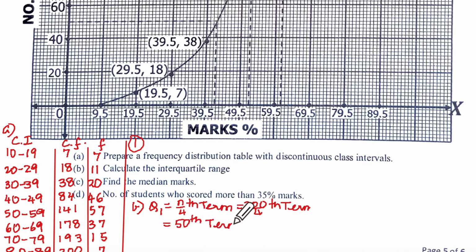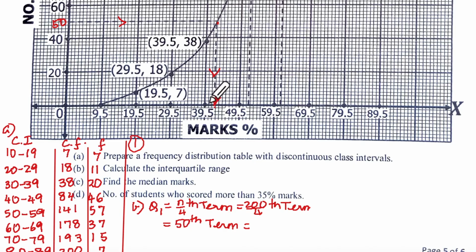Now for the 50th term, can you see this is 50? So you have already been given this. It is touching here, no? So it should be on this line. Okay, it will be this line.